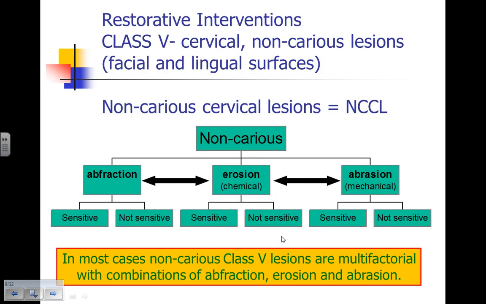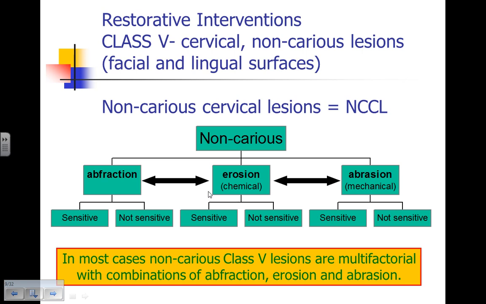Now, when we take a look at these non-carious cervical lesions and we look at the three different classifications, I want you to notice that there's an arrow connecting all three of these systems. And the reason there's an arrow is that this equilibrium of loss of tooth structure is really multifactorial. It's not one or the other. There's no pure lesion.